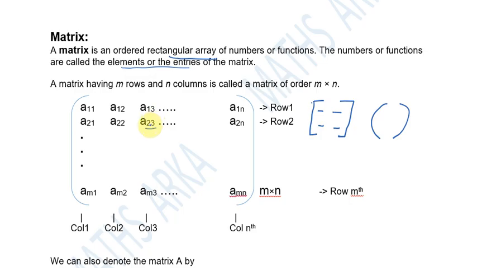So a23 is the element which is present at the second row and third column. Likewise, if we get some other element represented by a35, then we should understand that this number is in the third row and fifth column. Okay, so this way we have represented it here.